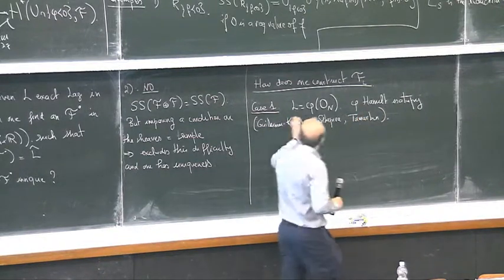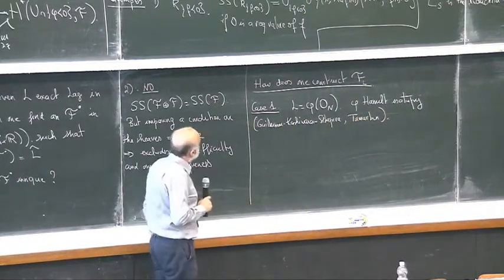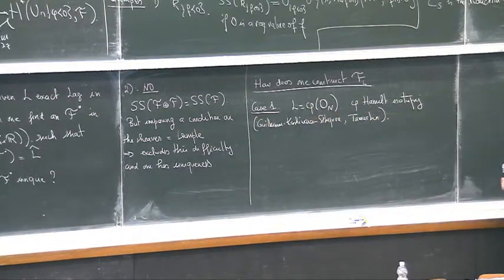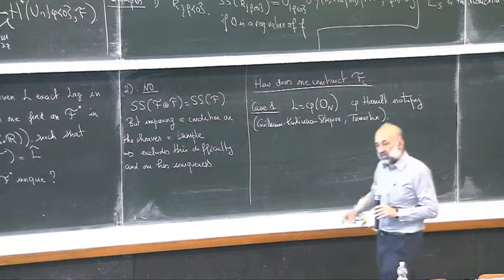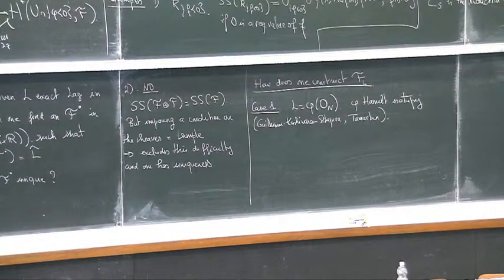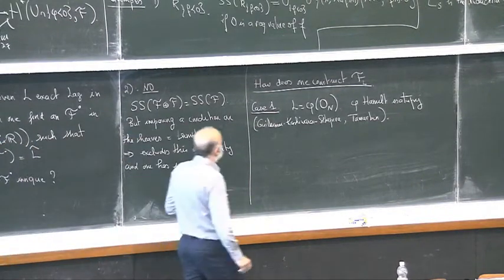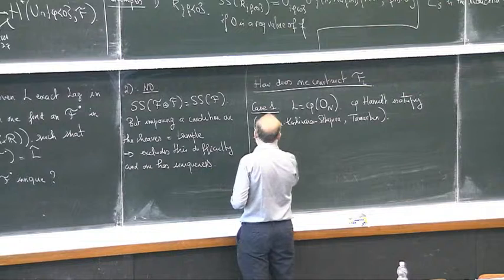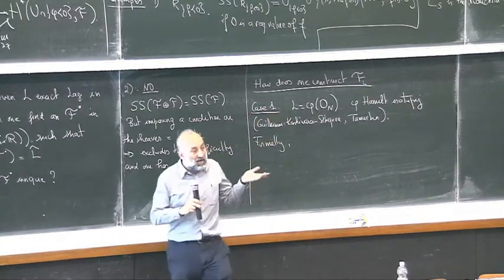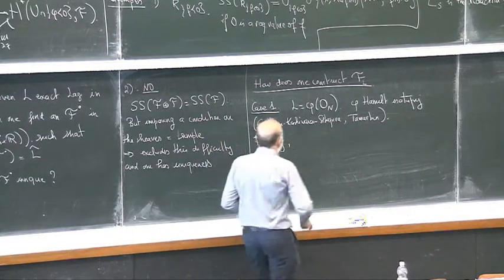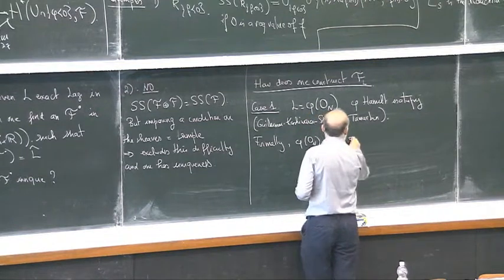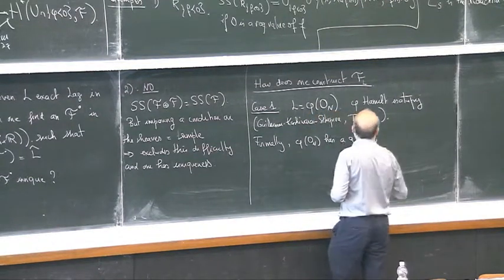So the way Guillermou, Kashiwara, and Schapira do it is actually different from what I'm going to explain. What I'm going to explain is exactly the parallel of what we did to construct generating functions. So formally, what could you say? Well, you could say, I know that phi of the zero section has a generating function, which moreover is quadratic at infinity.